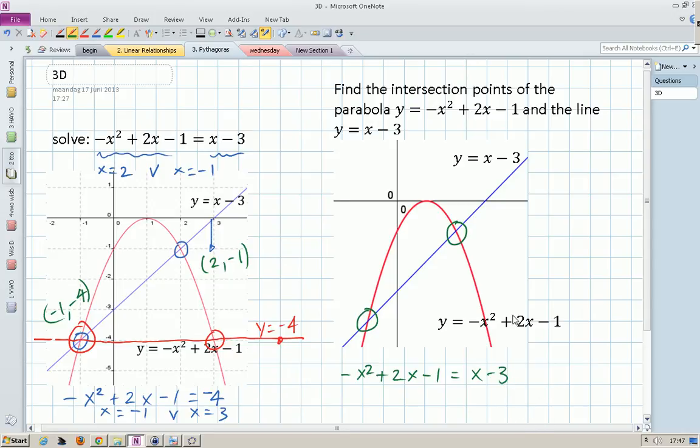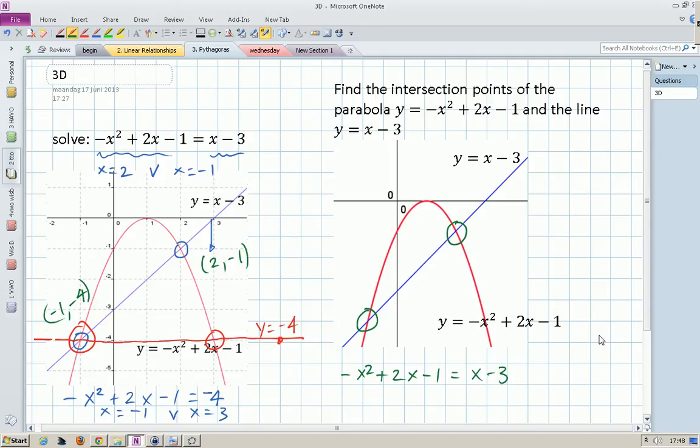And as a second step, for each of those two x values, I'm going to put it back into one of the two equations to find the corresponding y value, and then I will get my 2 points. Again, we're going to show that we get those.